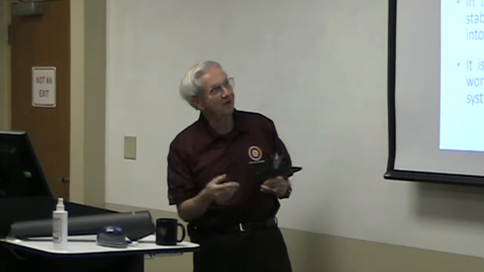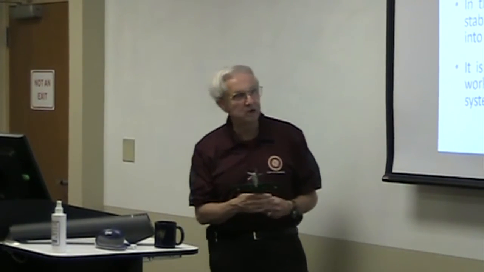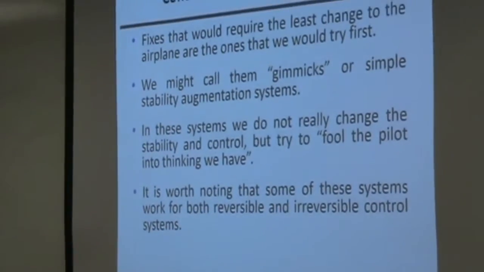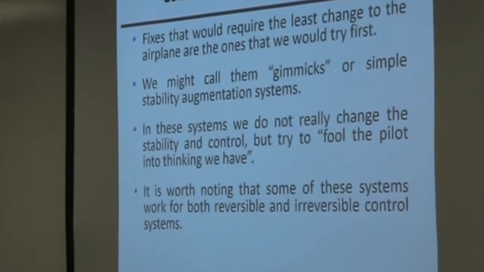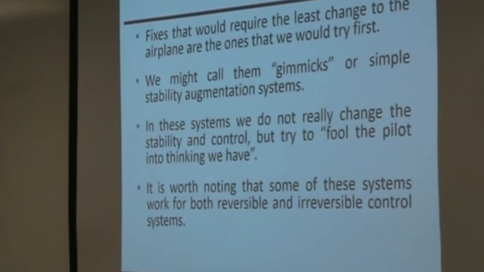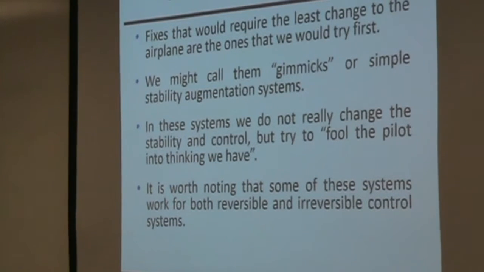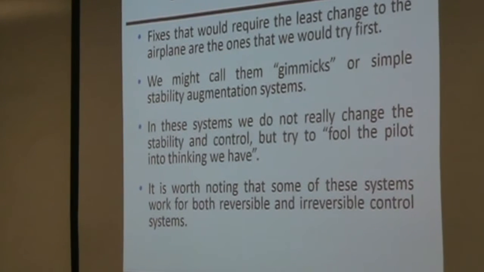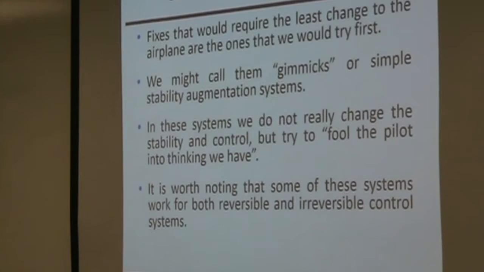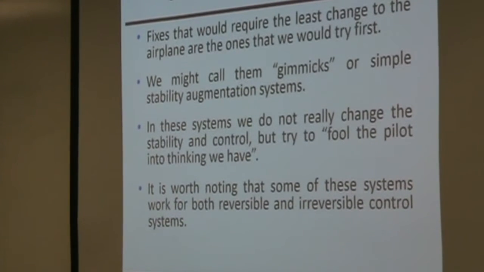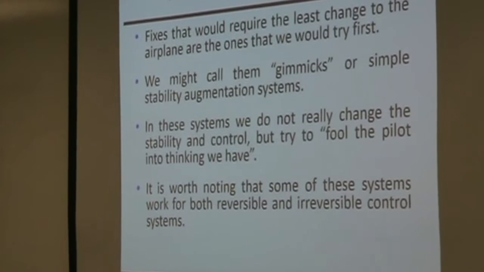Fixes that would require the least change of the airplane are the ones that we would try first. And we might call them gimmicks, or to get real sophisticated, we can call them simple stability augmentation systems. You know, that's probably a more acceptable term in today's world. And in these systems, we don't really change the stability control, but we try to fool the pilot into thinking we have.